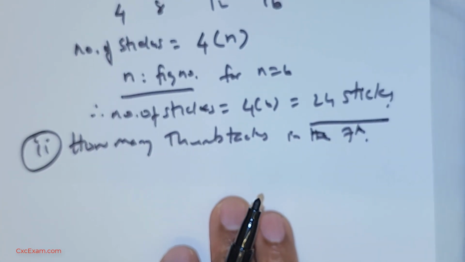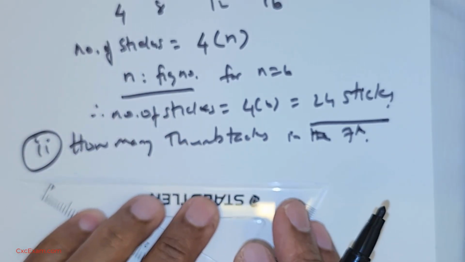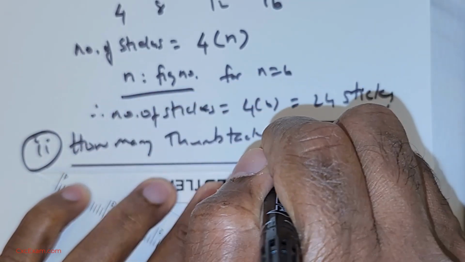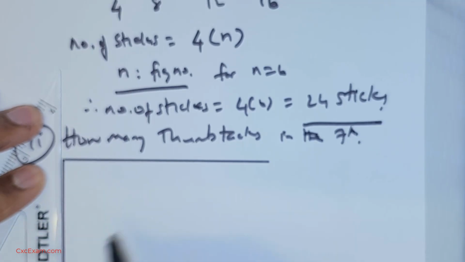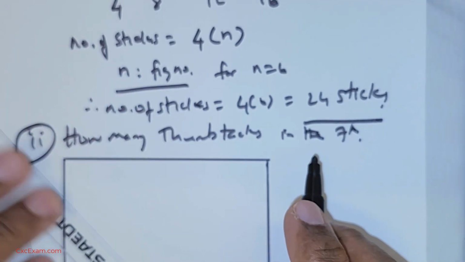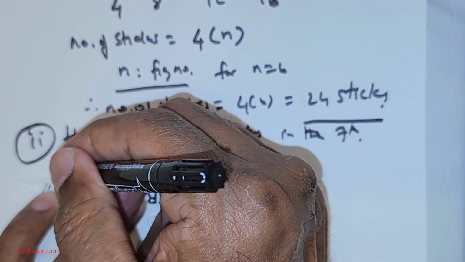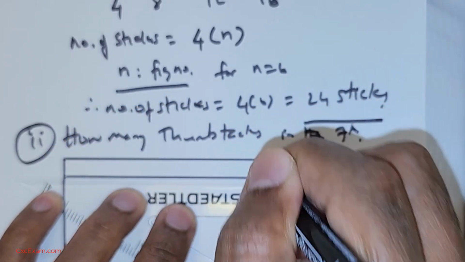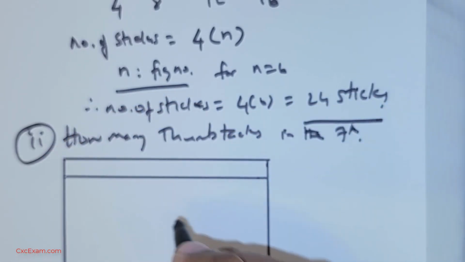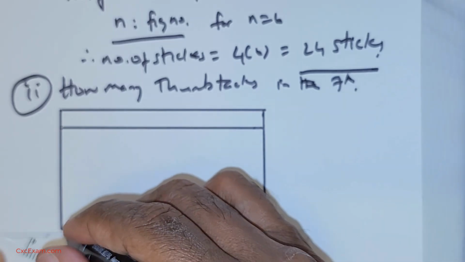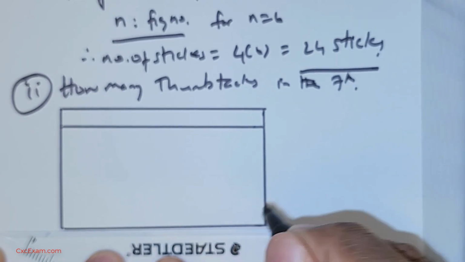Now they have given a table. Let me draw the table. So this table will give us that information.